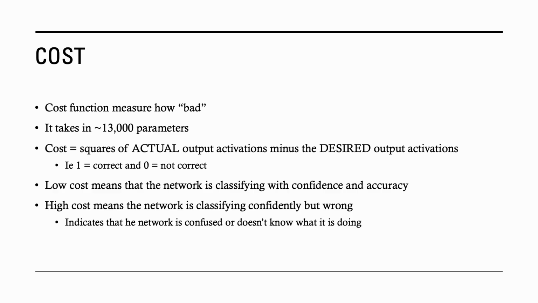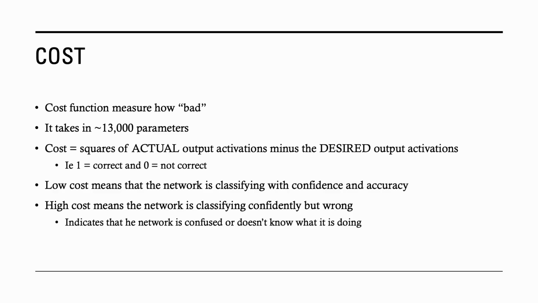So the machine essentially takes in 13,000 parameters, and the cost is calculated by the squares of two digits separately, subtracted from each other. And it's the actual output activations minus the desired output activations. And let's say we set a correct answer to 1 and an incorrect answer to 0.